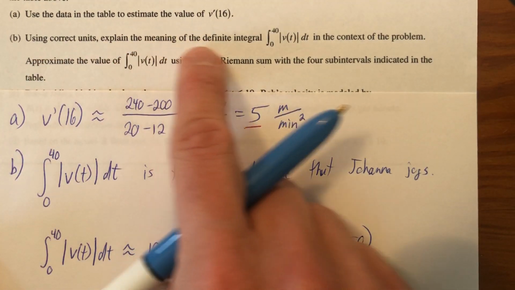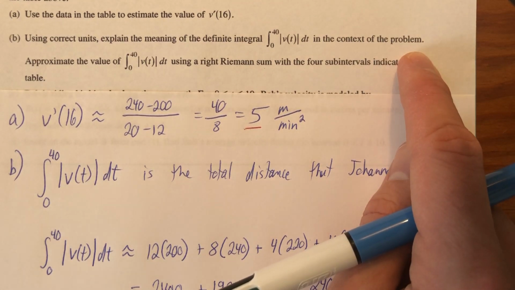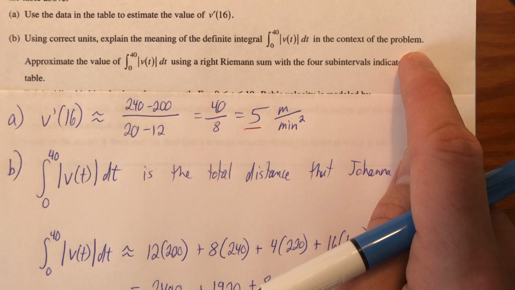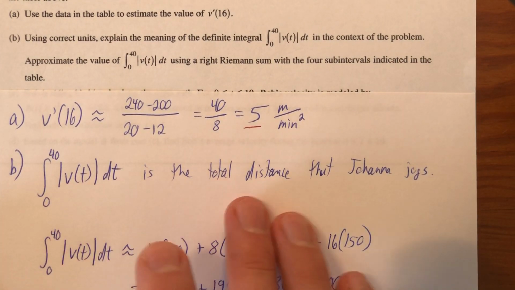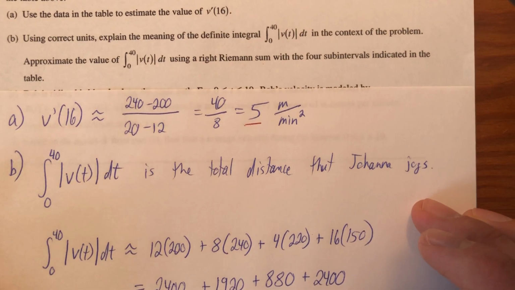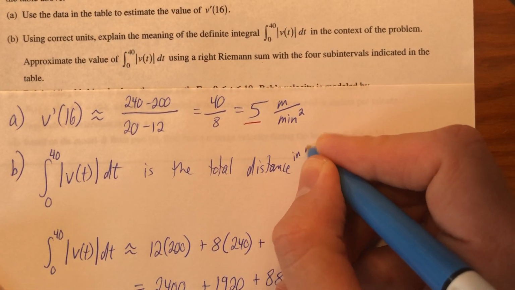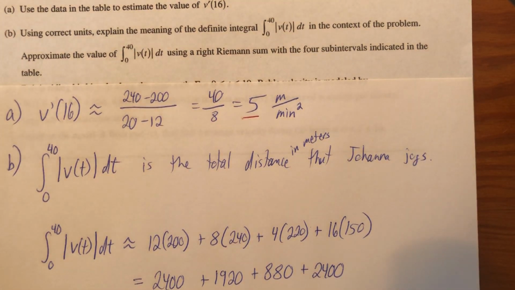Using correct units, explain the meaning of that different integral in the context of the problem. And when I'm in the context of the problem, I really need to say what is truly going on, even with the units. So I'm going to add a little bit to this. So this is total distance that she jogs. That's actually not true. Well, first of all, total distance in meters. So sorry to make you add something to your sentence. But I don't know how far she jogged.